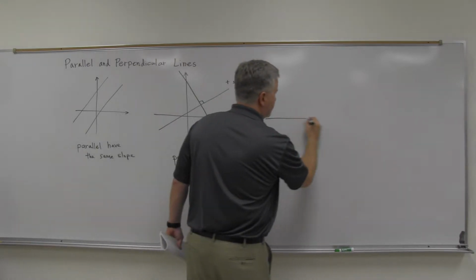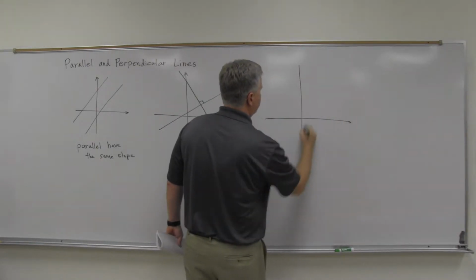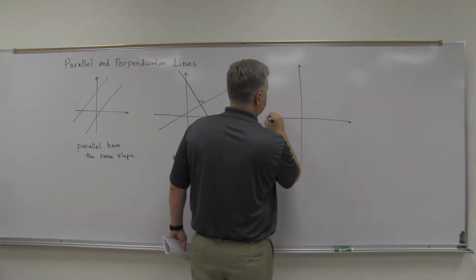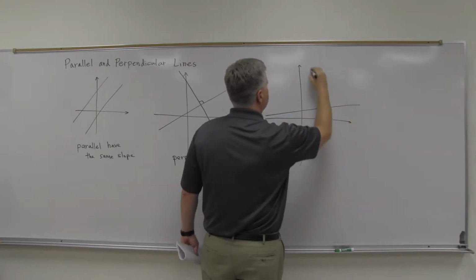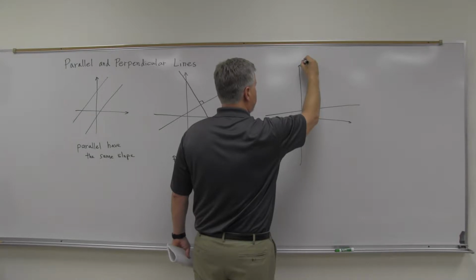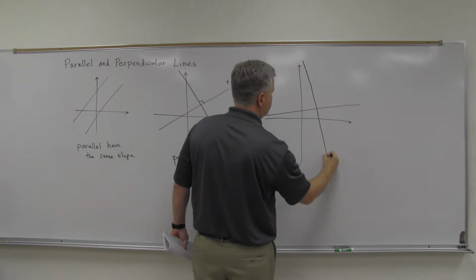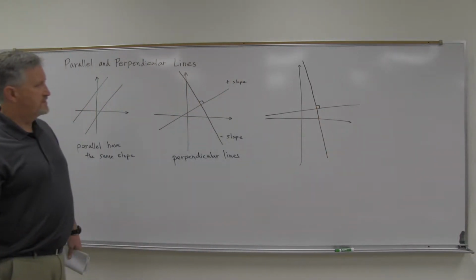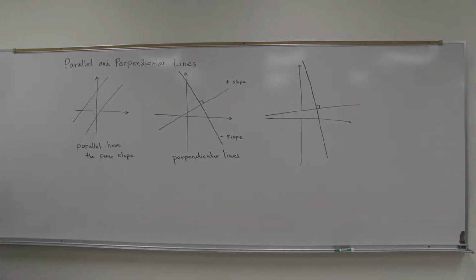Let me make another pair of perpendicular lines just to make it a little more obvious. Let me make this one here, and then one coming here, to be another set, to make it a little more dramatic.